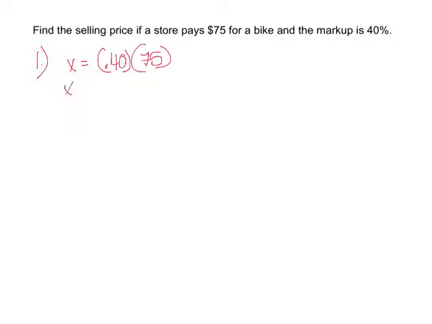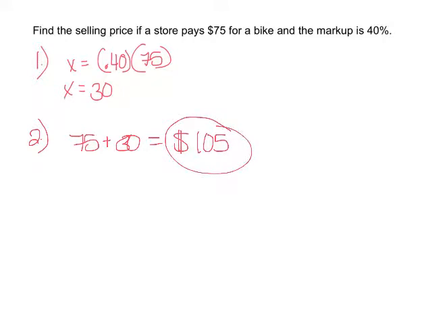And 40% of 75 is 30. So then I'm going to take that $30, because that's what that 40% is, and add that to my 75. So I get 75 plus the markup of $30, and we're going to sell the bike for $105.